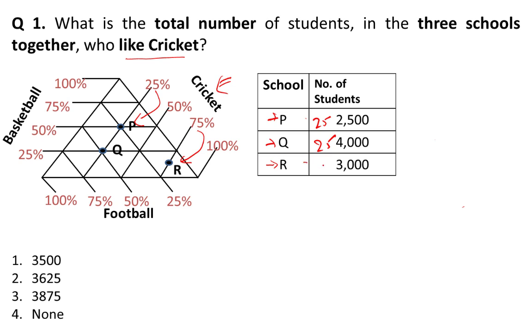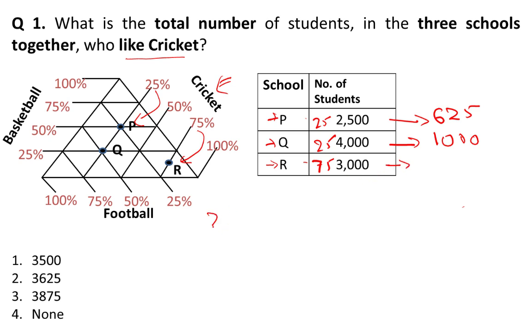So 75% of R likes cricket. So this is 75%. So 25% of 2500, that is 1/4. So 1/4 of 25 is 6, and 625. So here school Q, 1/4 of 4000, that is 1000, and 75% of 3000.